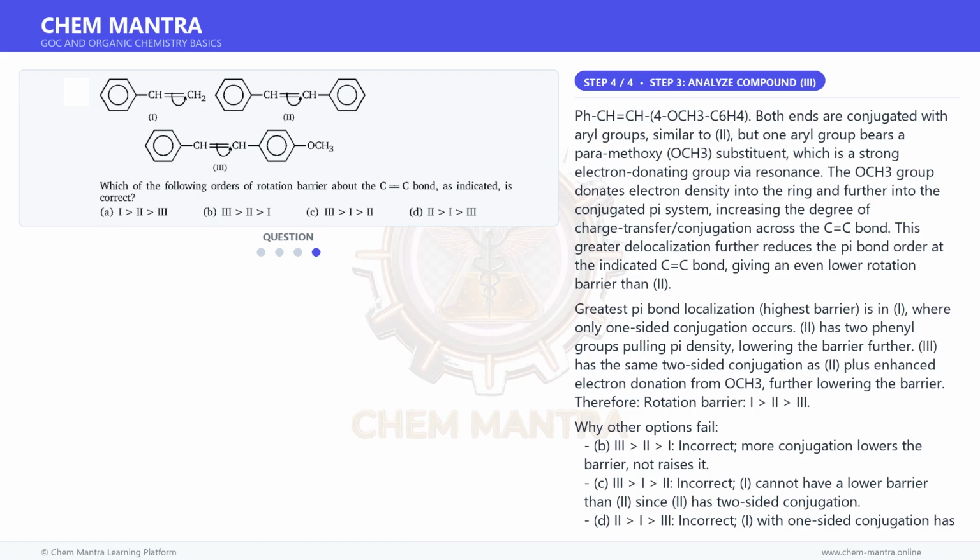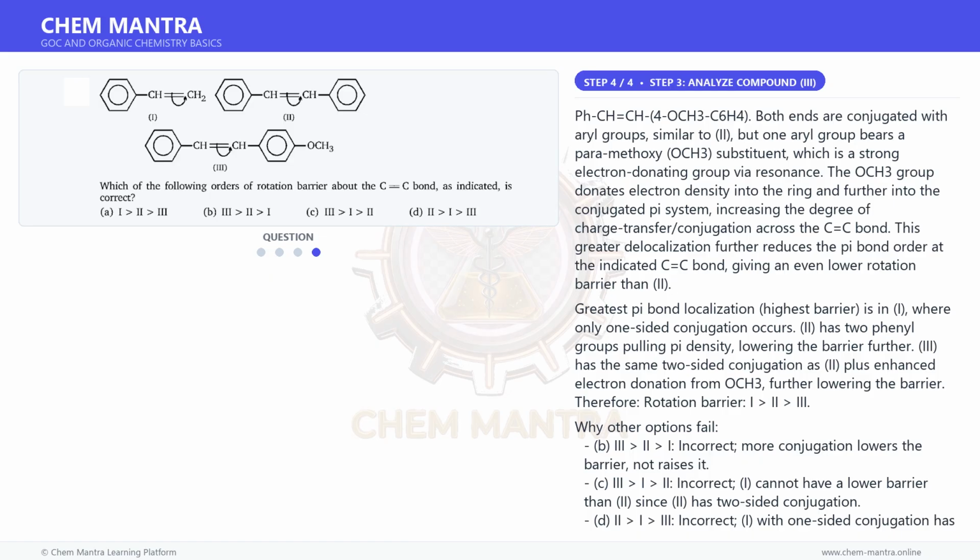The OCH3 group donates electron density into the ring and further into the conjugated pi system, increasing the degree of charge transfer conjugation across the C=C bond. This greater delocalization further reduces the pi bond order at the indicated C=C bond, giving an even lower rotation barrier than 2.